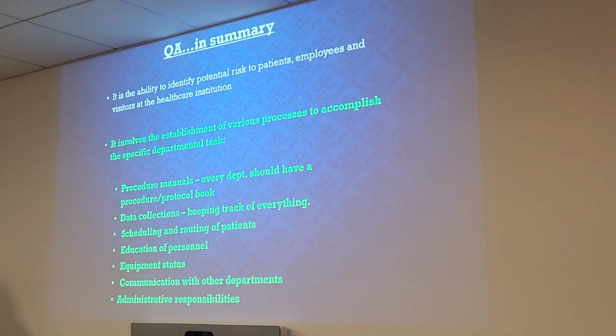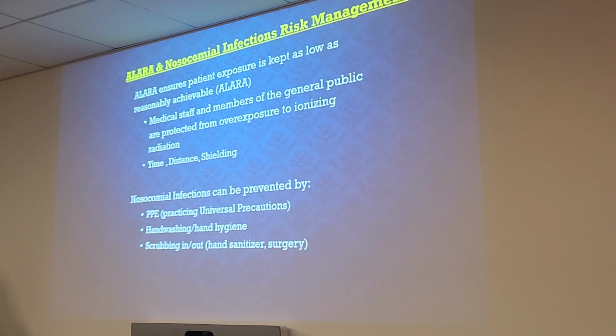But QA doesn't deal with the quality of the images, for example? It says only the risk to patients, employees and visitors. No, quality assurance of images still falls under that. This is wrapping up QA in summary, but what did we just do here?